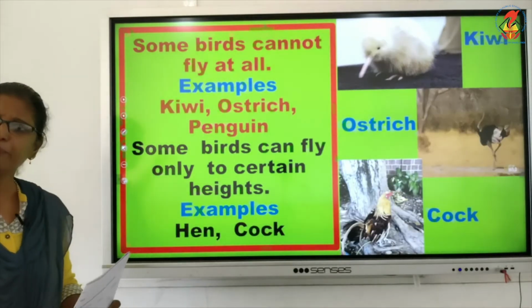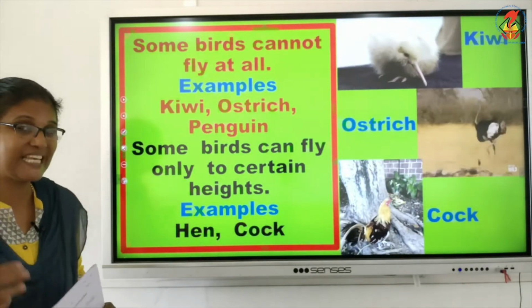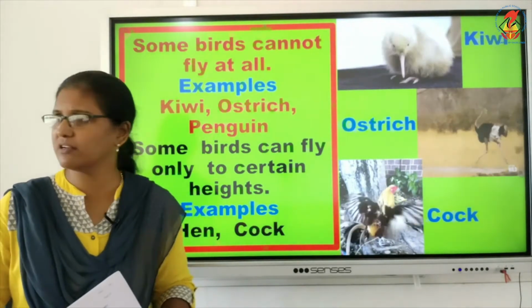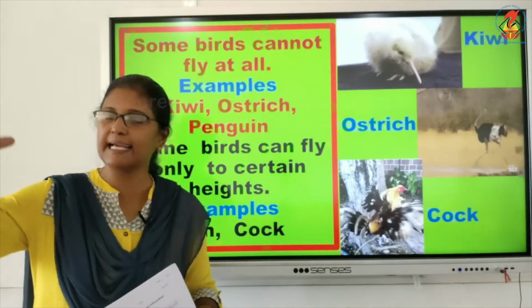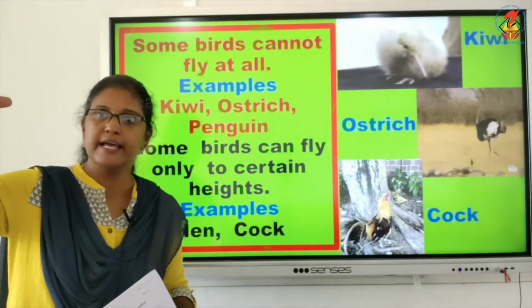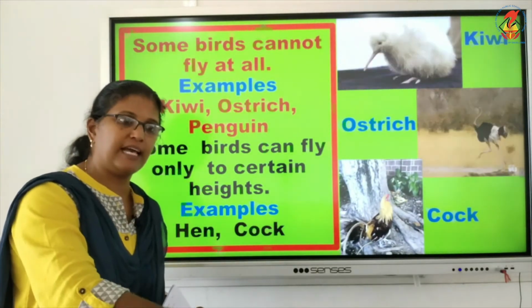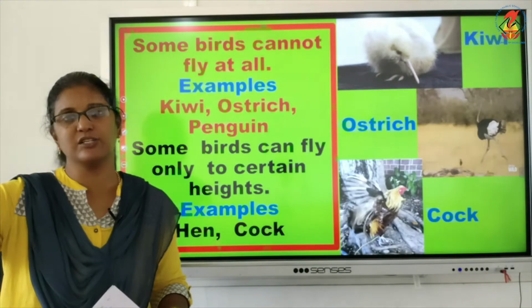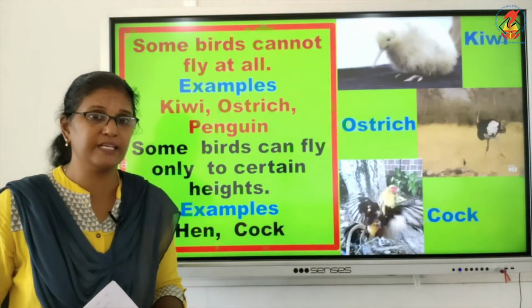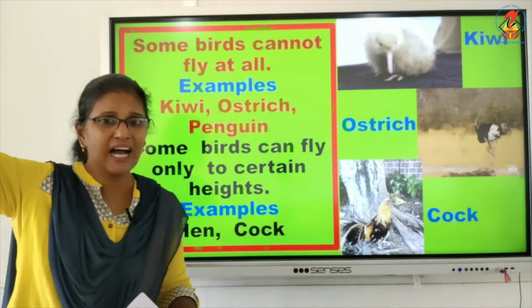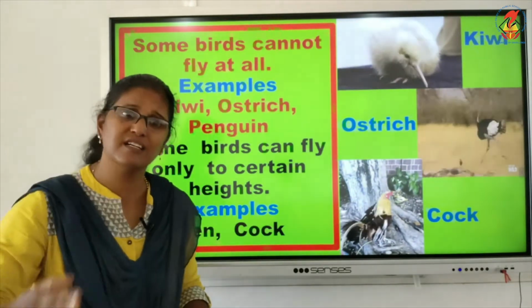They fly up to only certain height. You might have seen in the village or sometimes around you, if there is a cock, it climbs up on the walls. And from there it will fly down again. And from the down, it will go fly and sit on the wall, compound wall or a house wall or wherever it is. But it cannot fly high. It's only to certain height.